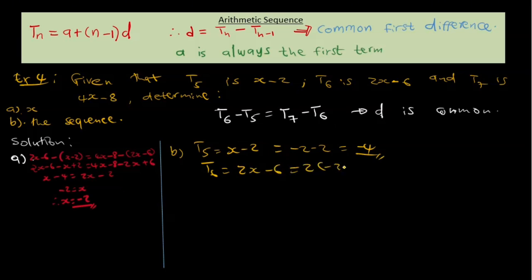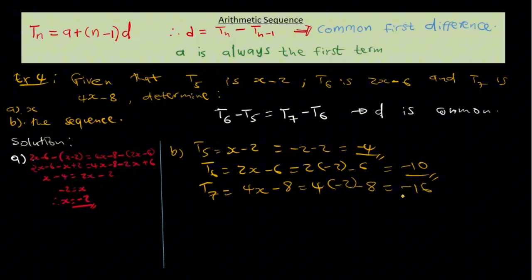Now we know x is minus 2, therefore this is minus 4 minus 6, which is minus 10. And the last one is T7, which is equal to 4x minus 8. With x being minus 2, this is minus 8 minus 8, which is minus 16.